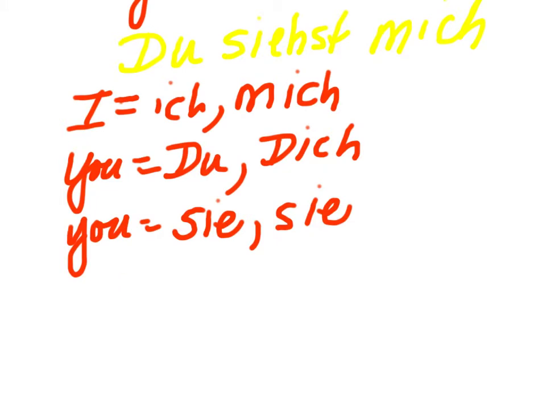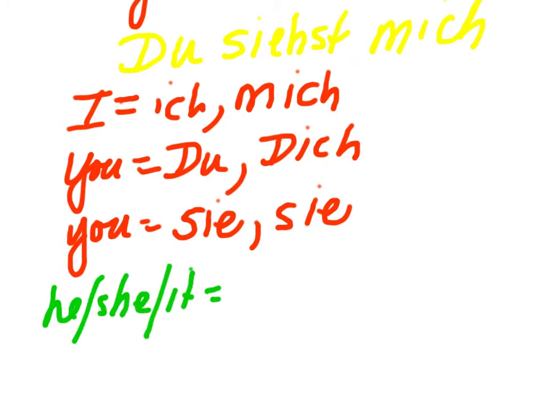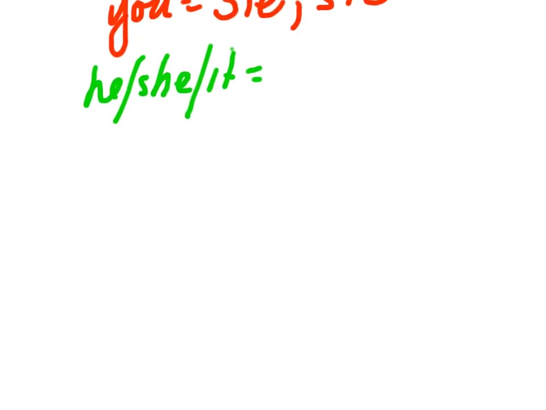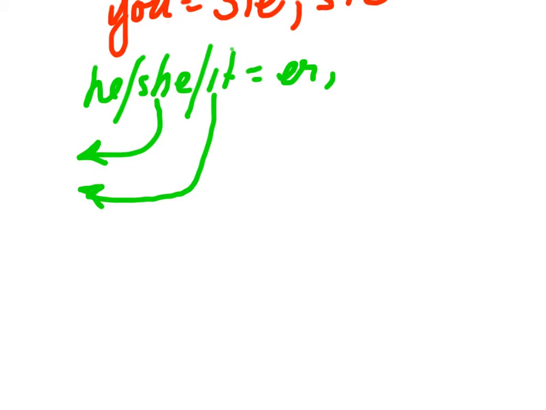Let's continue with he, she, it, right? And actually, let's go ahead and put this. So we'll move this to like she and it, okay? So he, which is er, changes to ihn. Like I see him.